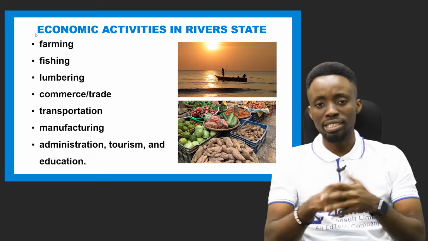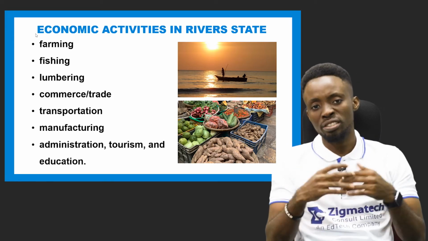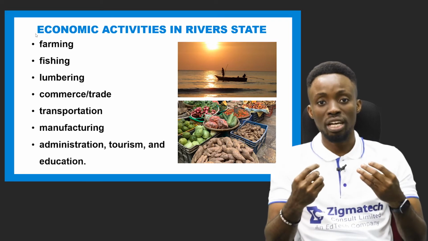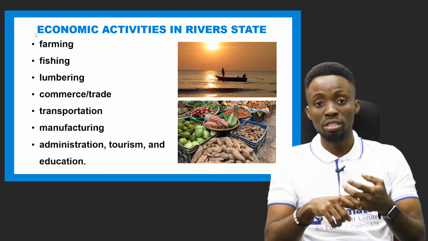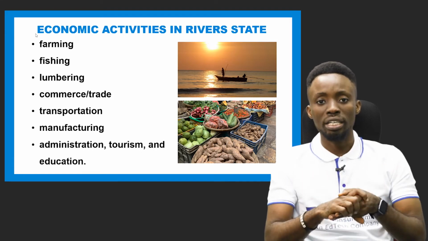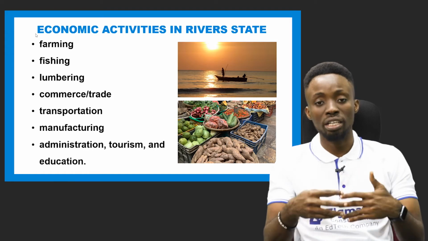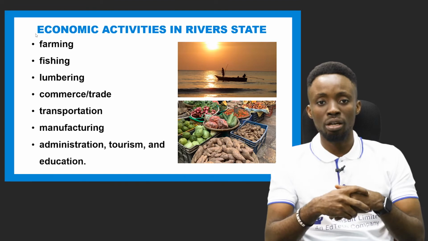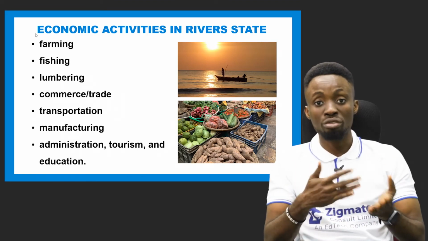The next type of economic activity that is common in Rivers State is fishing. Now, fishing is dominant in the sense that Rivers State is a state that is blessed with lots of rivers, lots of deltas, like we have previously seen, and tributaries. So we are definitely going to have fishing as one of the economic activities, especially in the rural areas where we have the presence of rivers and streams.